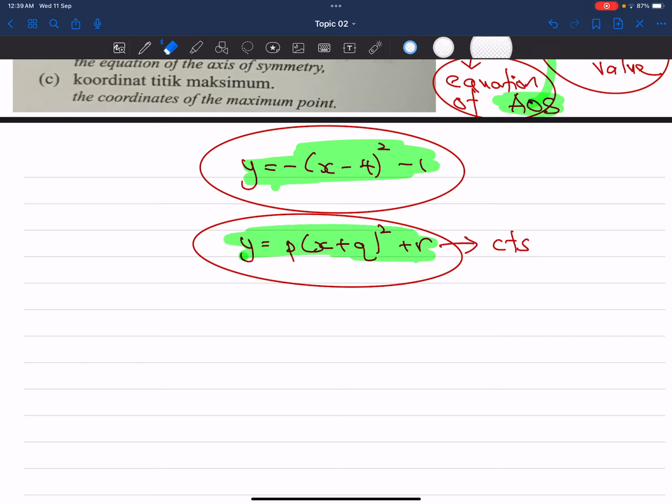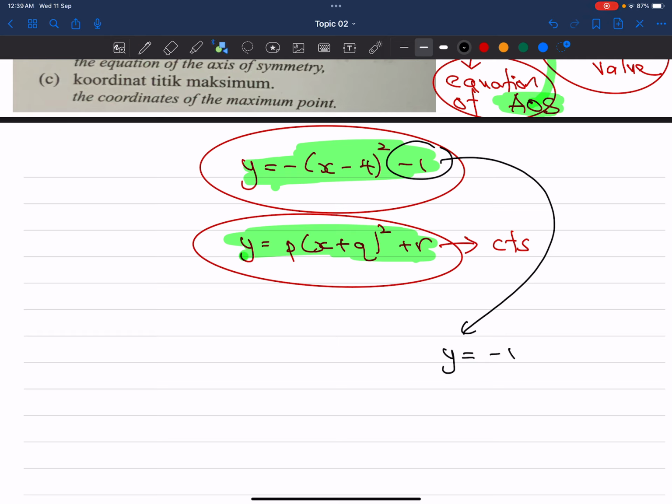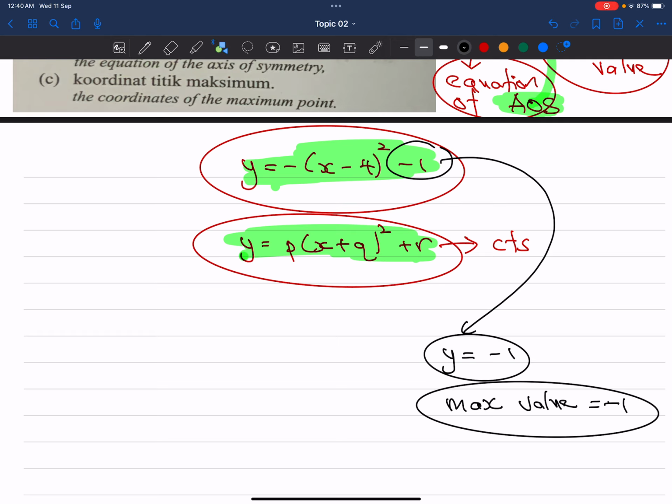Remember just now I said the number outside the brackets, the negative 1, is the y coordinate. So the y coordinate is negative 1, and therefore the maximum value is negative 1. This is the y coordinate of the maximum point.